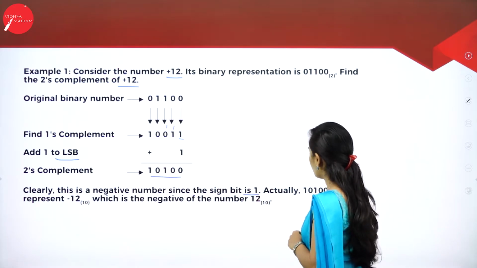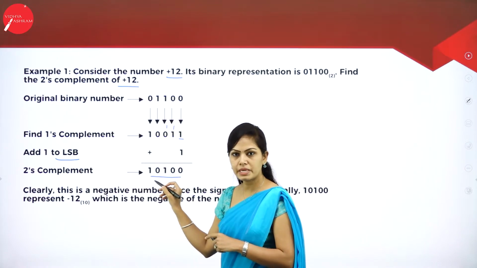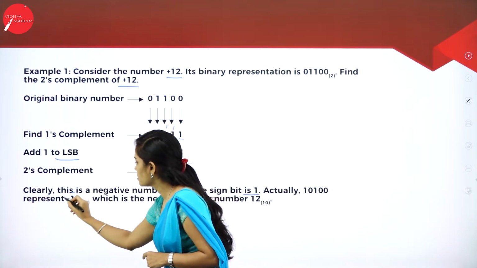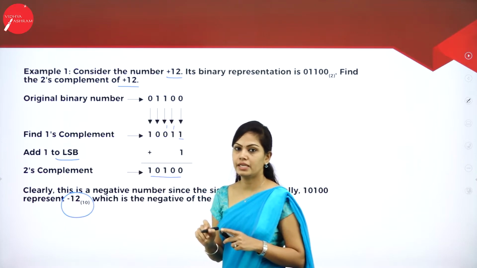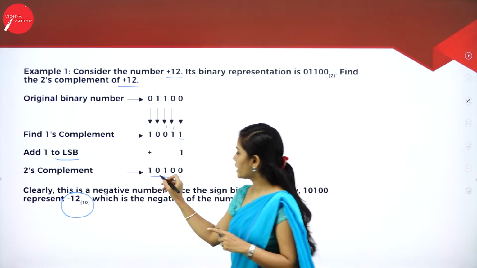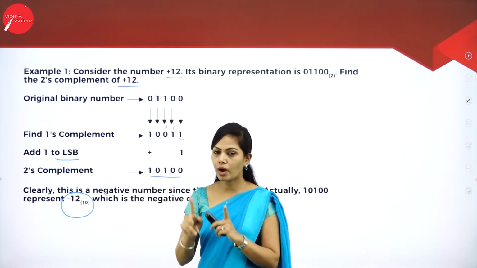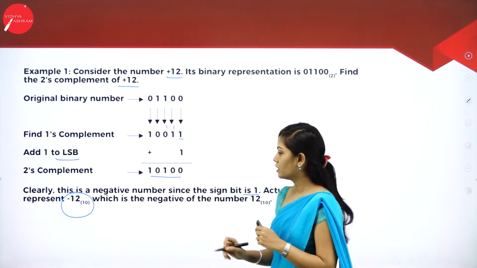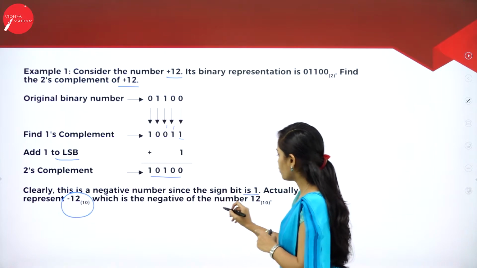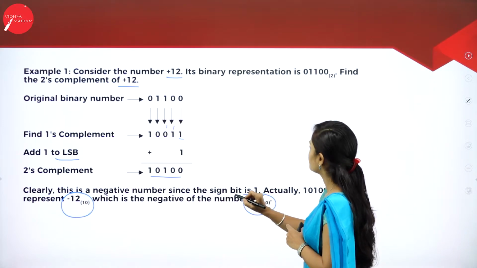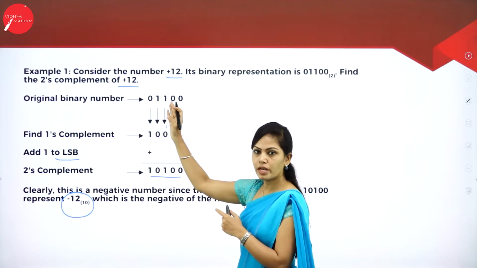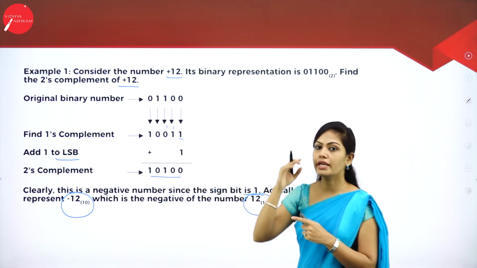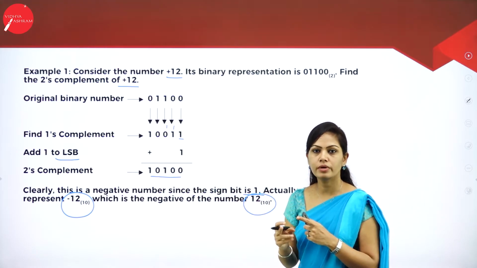Actually 10100 represents minus 12 to the base 10 because your sign bit starts from 1. So we call it a negative number, which is the negative of the number plus 12. Here we have plus 12. We have to check whether it is a negative or positive number.